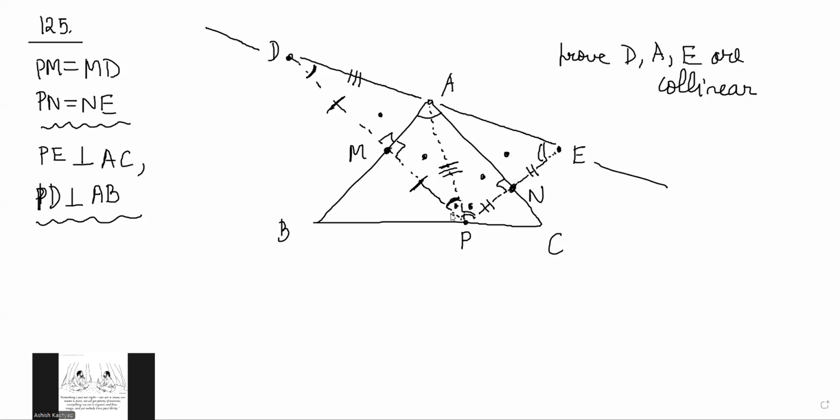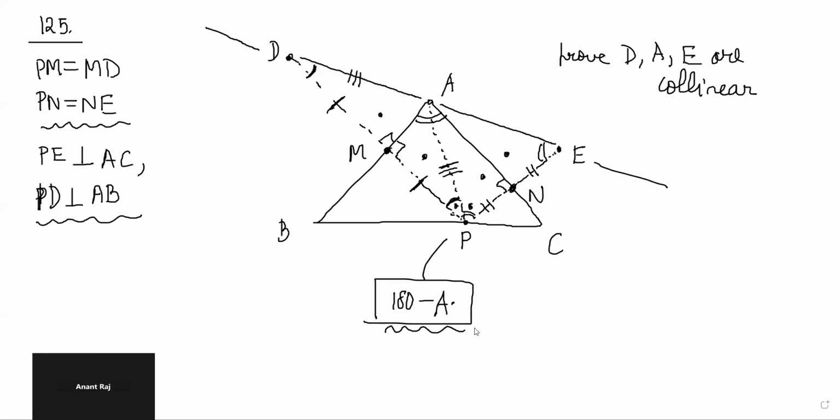These two sum to 180 minus A, because of the quadrilateral AMPN. Can you see that if this angle is A, this has to be 180 minus A? Because the other two angles are 90 and 90, right?